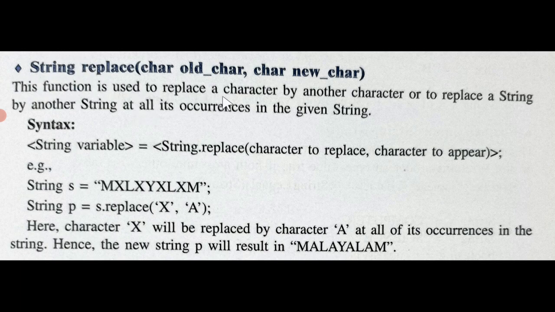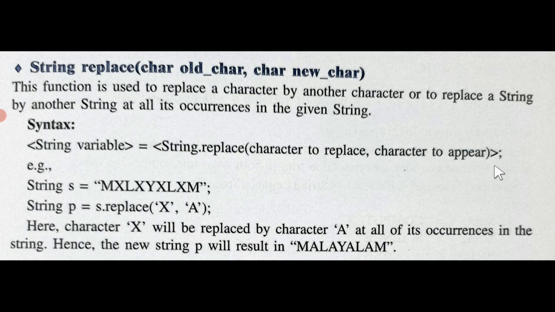This function is used to replace a character by another character or to replace a string by another string at all its occurrences in the given string. Alright, now string variable equal to string variable dot replace, then character to replace comma character to appear.